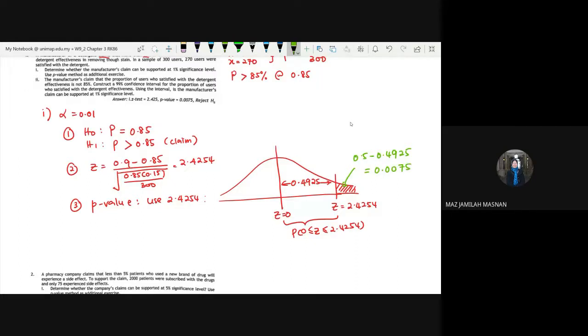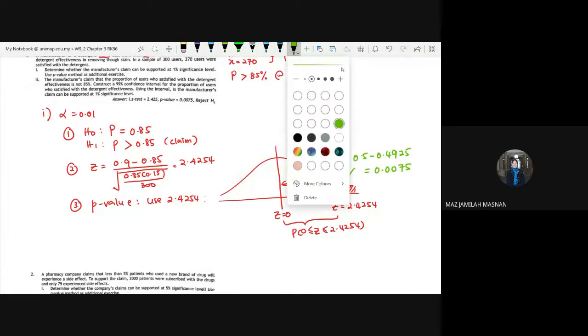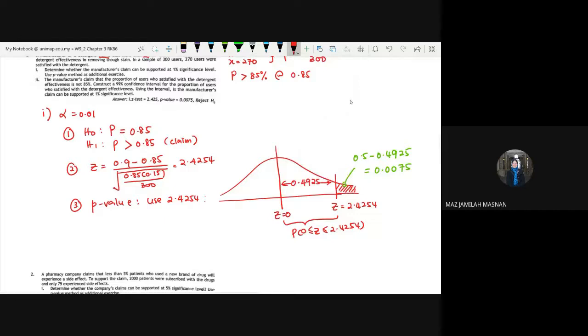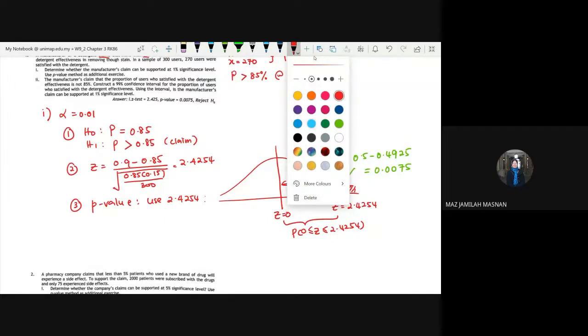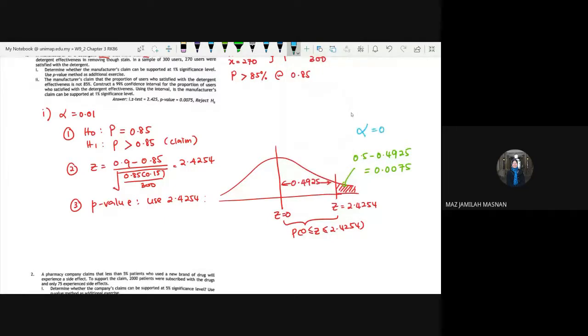So we know that our alpha is 0.01, so let's check the location of our alpha. Let's say I use blue. Alpha is 0.01 compared to the p value here. This is the p value.